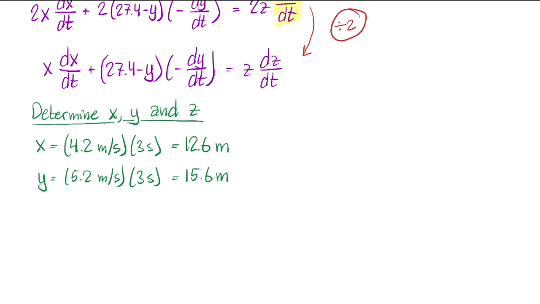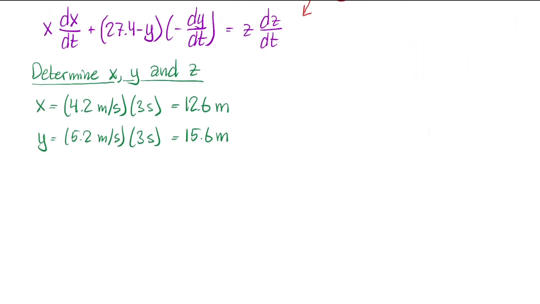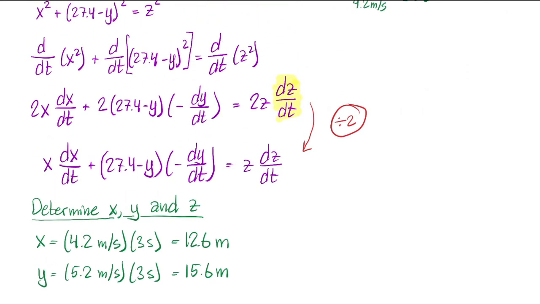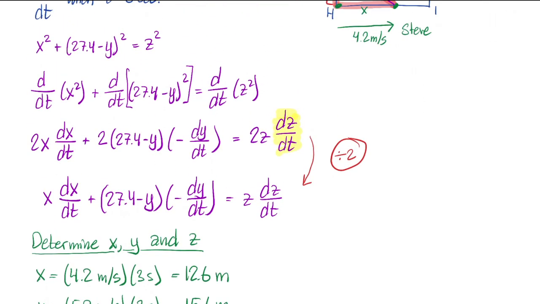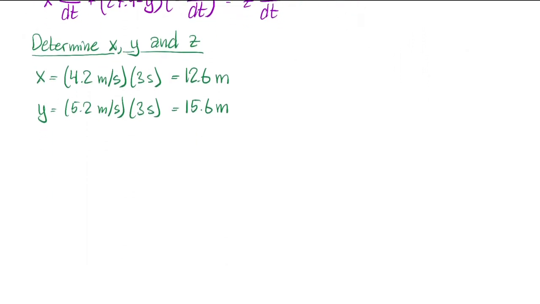And then we can just use the Pythagorean Theorem to determine z. So actually the Pythagorean Theorem we're going to use here is this one right here, to determine z.